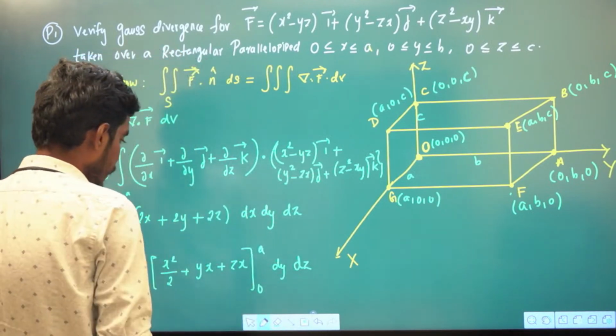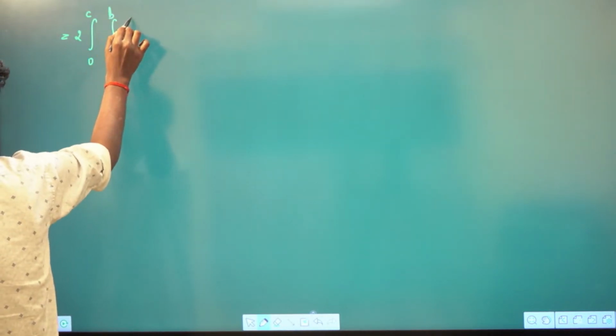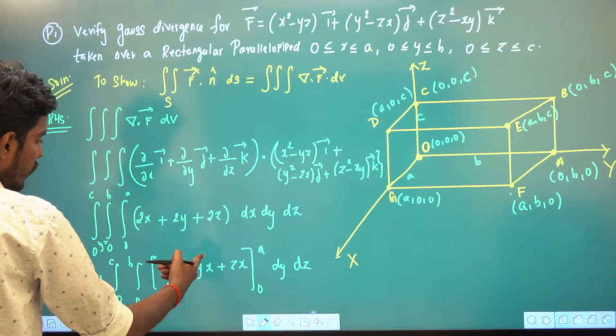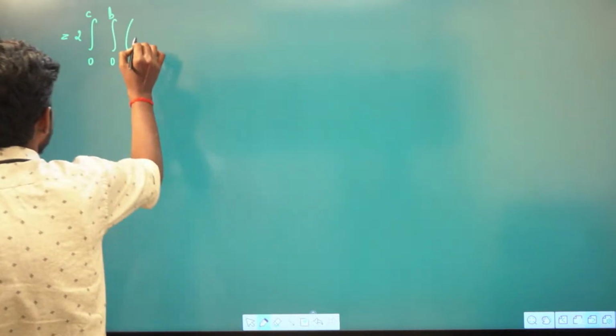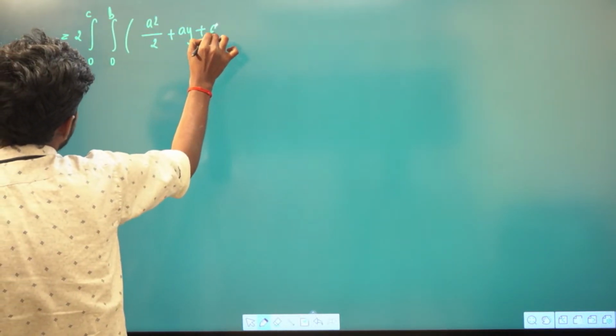Now if I apply x equal to a, we will have 2 times integration of 0 to c, integration of 0 to b. Applying upper limit minus lower limit: a square by 2 plus ay plus az, minus the lower limit, dy dz.